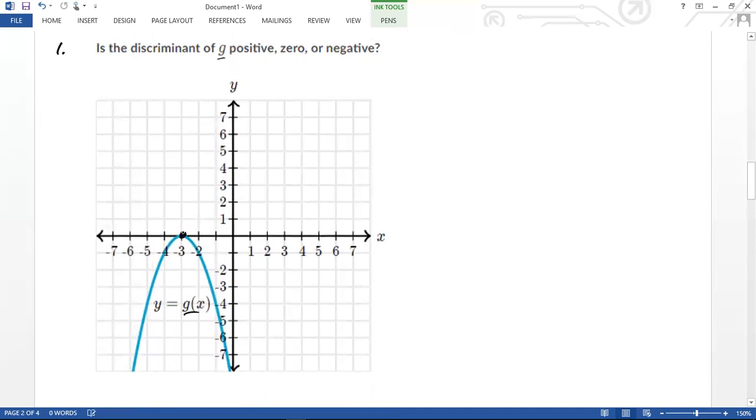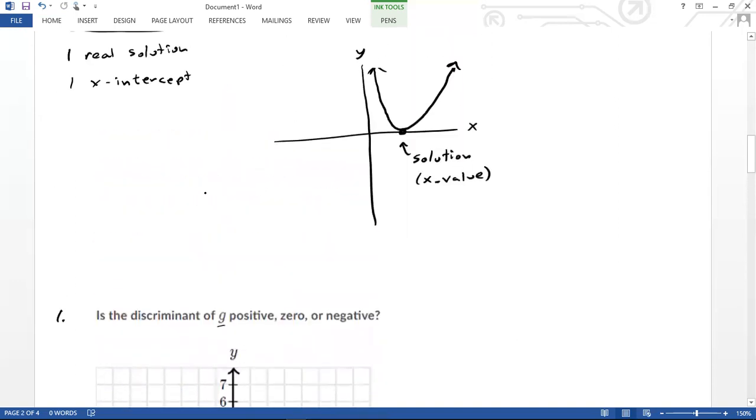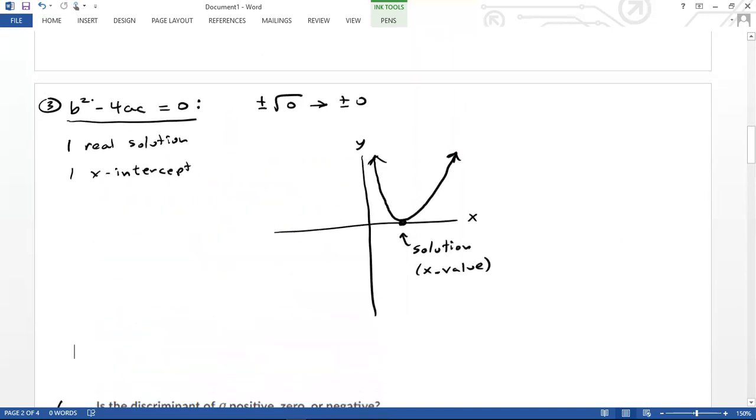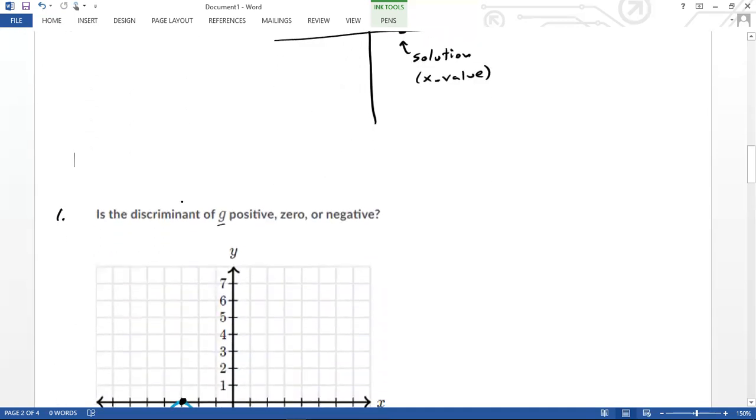Okay, so is the discriminant positive, 0, or negative? Well, there's only one intercept right there. You can see it doesn't hit it twice. It only has one x-intercept. So which one did we say is one x-intercept? When b squared minus 4ac is 0, that's one x-intercept. b squared minus 4ac is your discriminant.